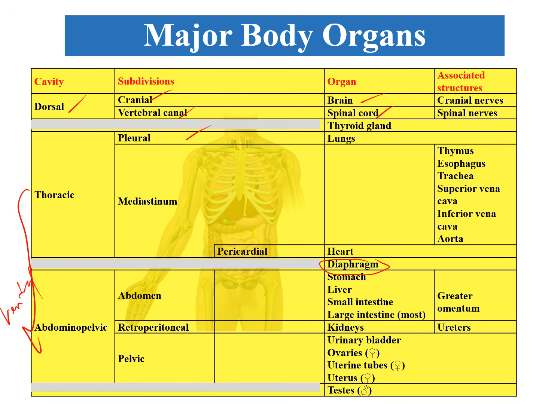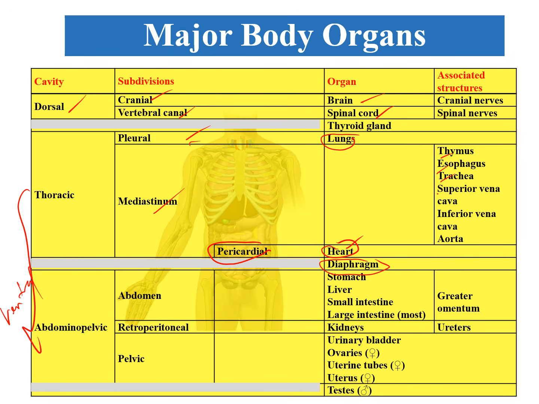The pleural cavity, the mediastinum, and within the mediastinum we also have the pericardial cavity, which is a cavity that is surrounding the heart. The pleural cavity was a cavity that was surrounding the lungs. In the mediastinum, we have structures such as the heart, the thymus, esophagus, the trachea, and major blood vessels such as the superior vena cava, inferior vena cava, and the aorta.